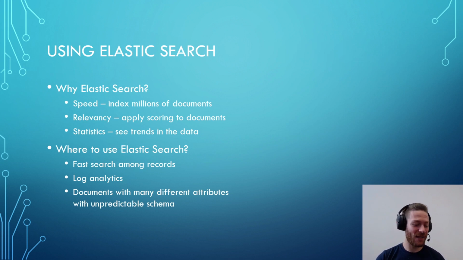But let's say that you want to search for the term, for example, cats and dogs. Elasticsearch will find you all the blog topics that have the word cat, all the blog topics that have the word dog, and all the blog topics which have both words, cats and dogs.